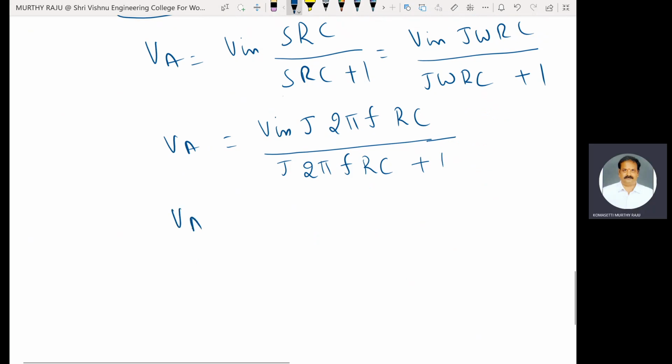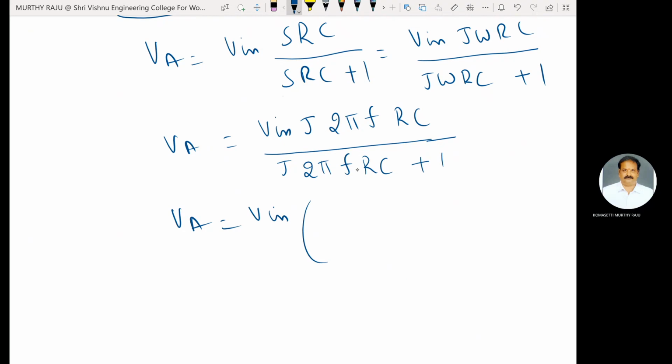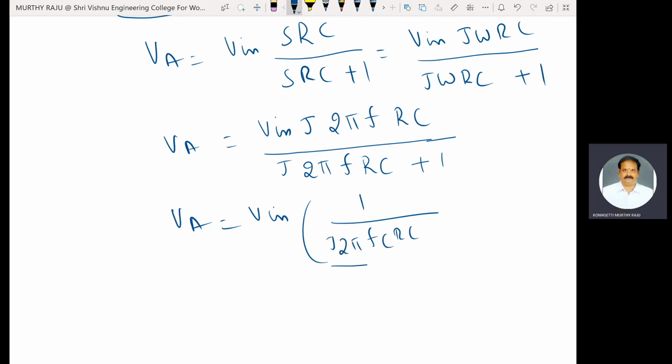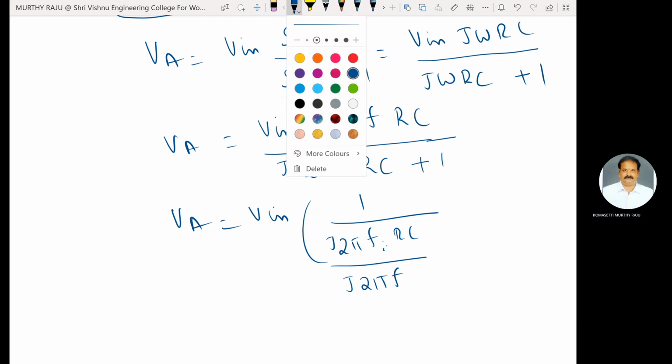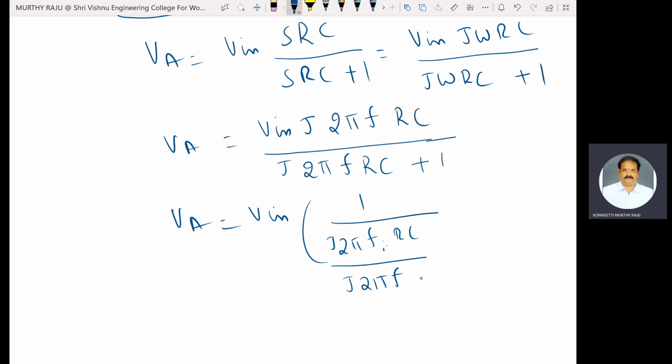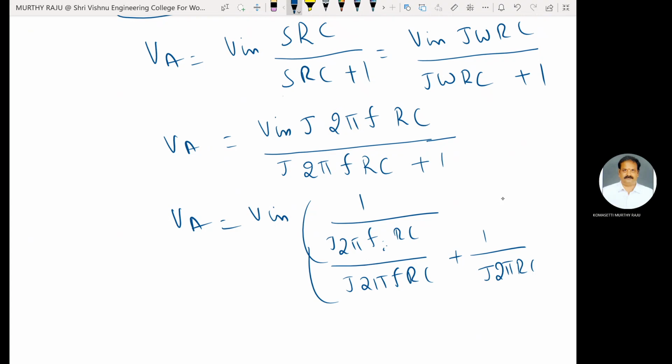That is, VA is equal to Vin into 1 by (j 2 pi F RC plus 1) by j 2 pi F RC, whole.